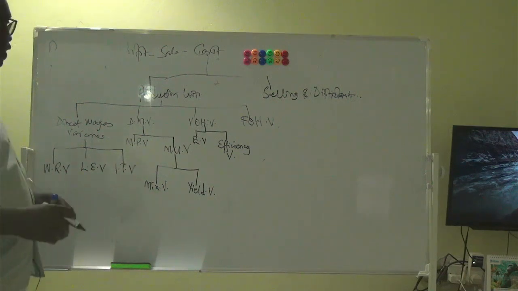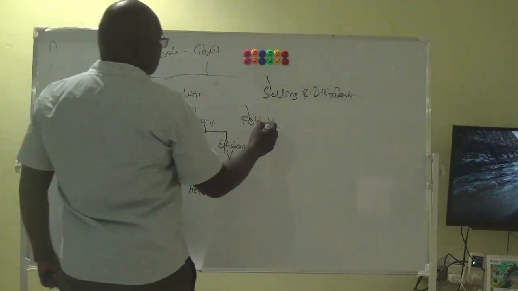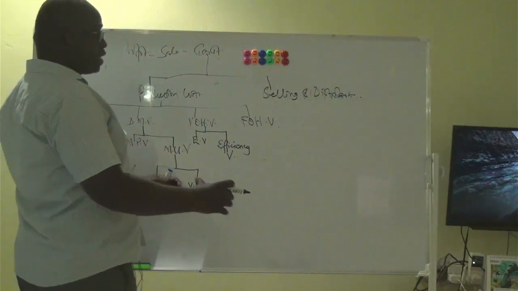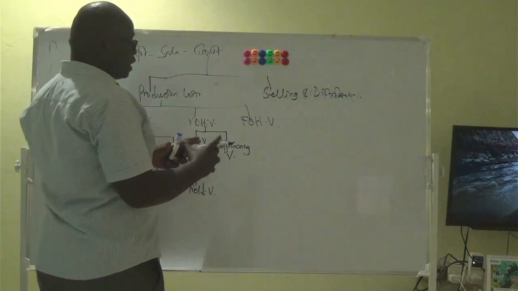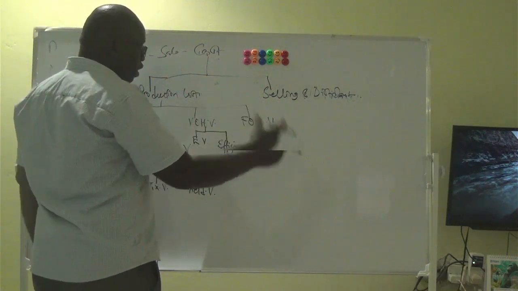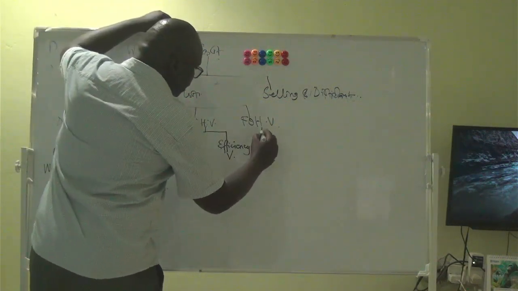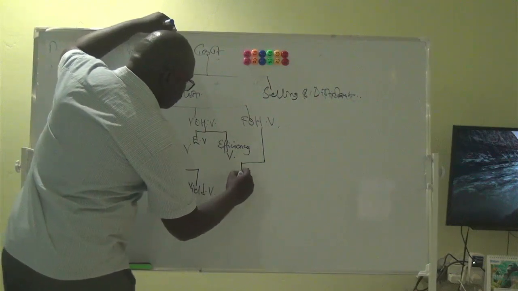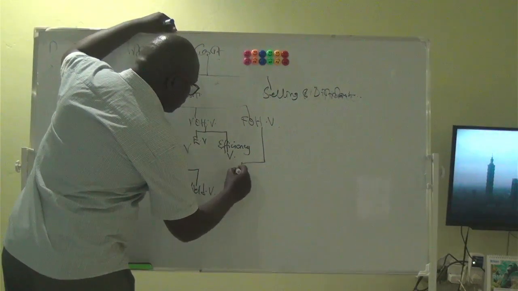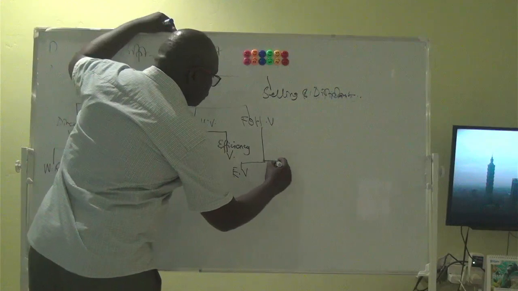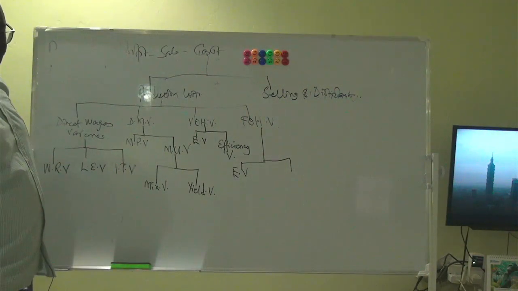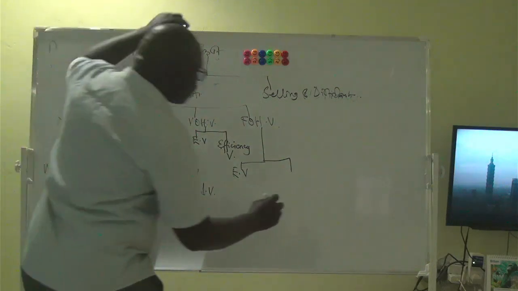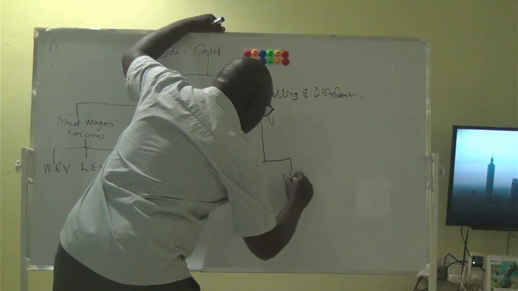Then for the fixed overhead, this is where we are talking about spreading things like rent in terms of the volume, and the things that we cannot associate directly with the production of one unit of a product. Again we will have expenditure variance, and then after expenditure variance, we'll be looking at the volume variance.